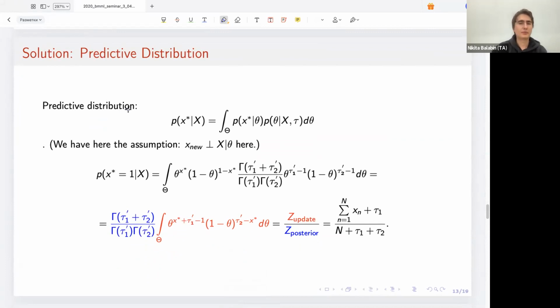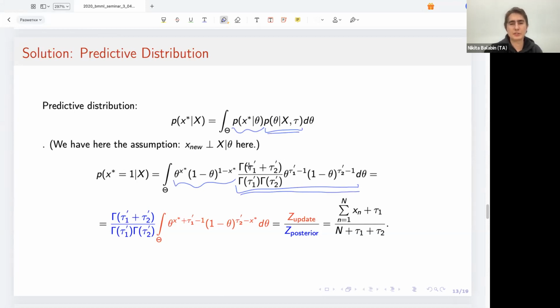And for the predictive distribution, we have the following form, and we have the assumption that new data is independent conditionally on parameters. So to solve it, we just substitute the knowledge we have. We have our likelihood, and we have our posterior. Here we just used new parameters.